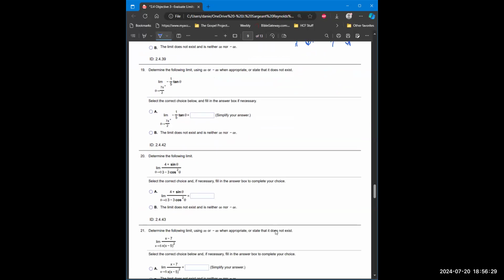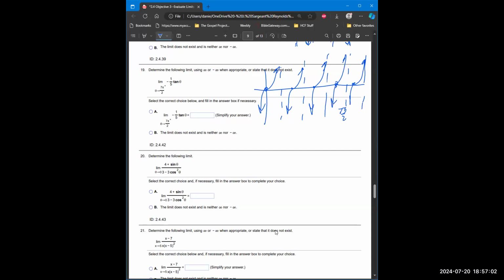Limit of negative 1/5 tangent to negative 7 pi over, no, positive 7 pi over 2. So 1, 3, 5, 7, 9.